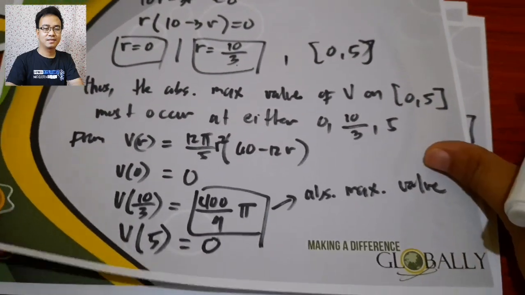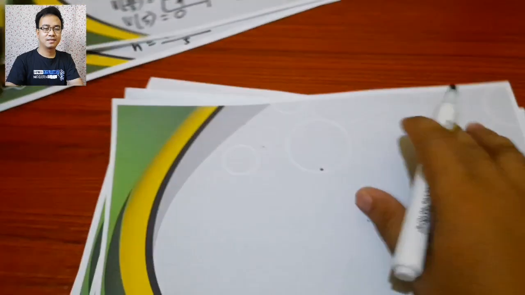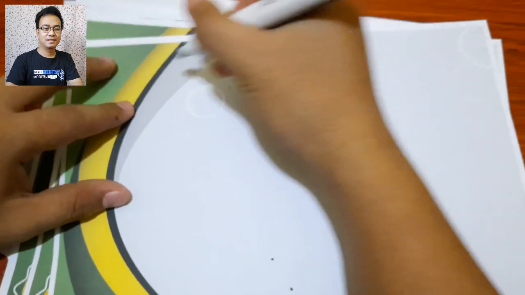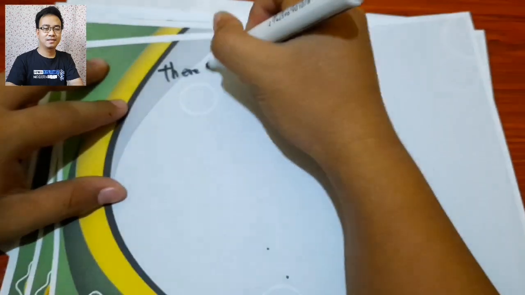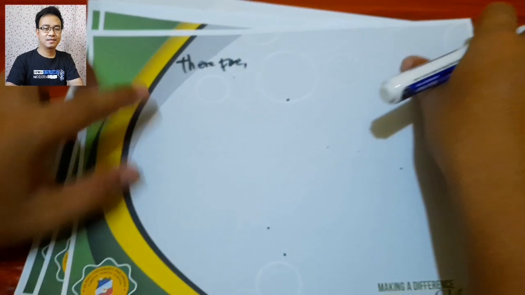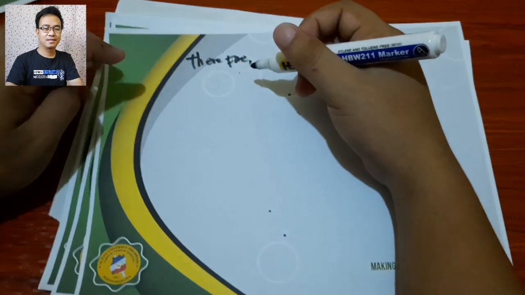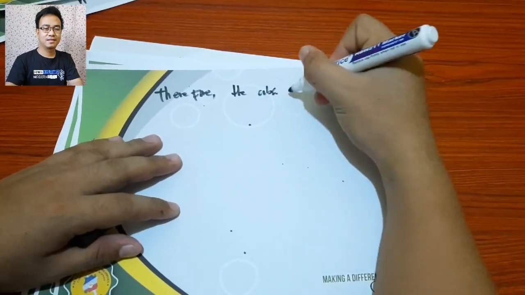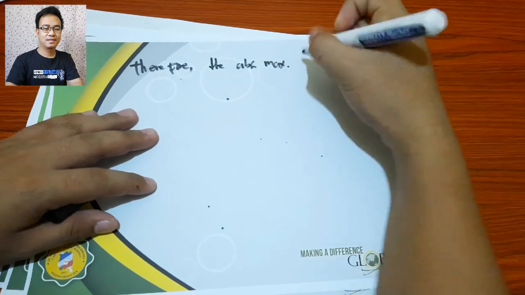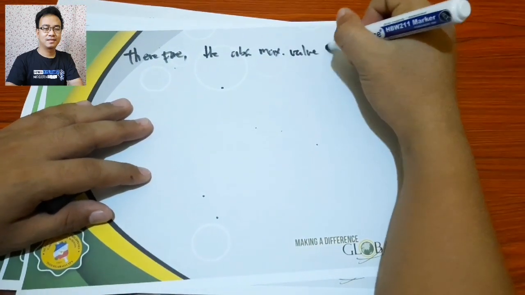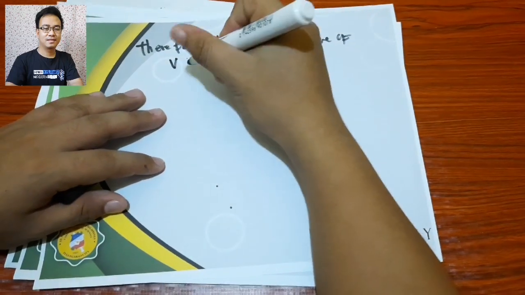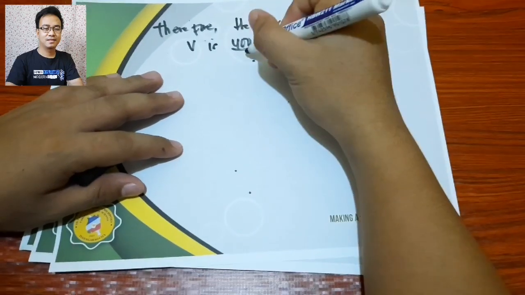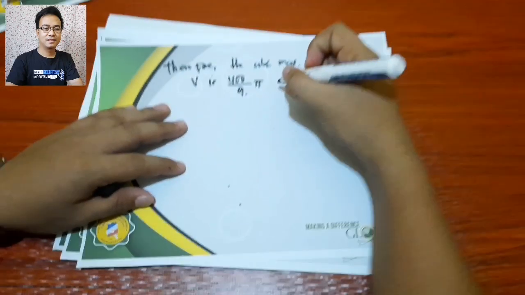Alright? So therefore, we can conclude that the absolute maximum value of V is 400 over 9 pi.